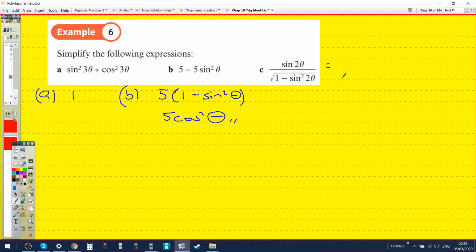Well, here they're saying 1 minus sine squared 2 theta. So would that be the same as root of cos squared 2 theta again?